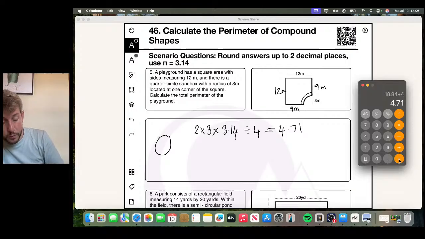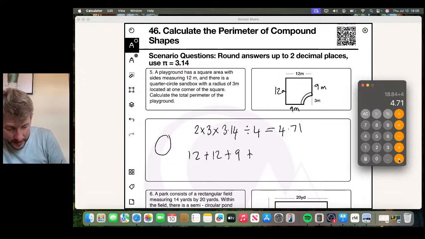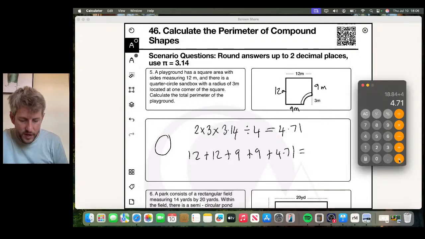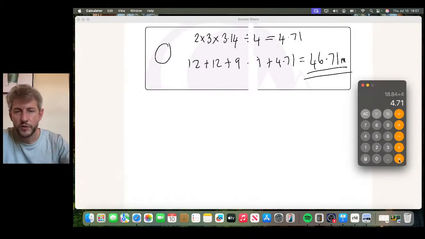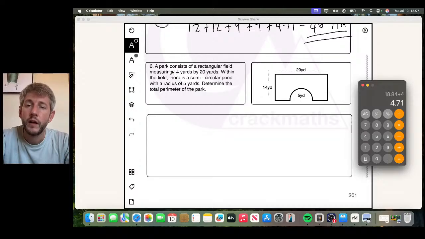So our total perimeter of this shape is going to be 12 add 12 add 9 add 9 add 4.71. 12 add 12 is 24, 9 add 9 is 18, 18 add 24 is 42, so this will be 46.71 meters.